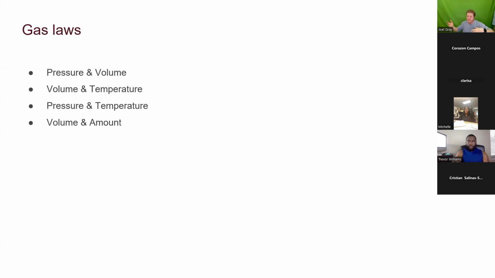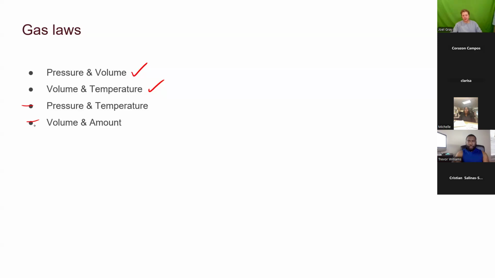At any rate, relationships, gases, gas laws. We talked about pressure and volume the other day. Then we talked about volume and temperature. Now we're going to talk about pressure and temperature and volume and amount. With this in mind, all of these gases and all of these laws related to gases are going to be combined into one.